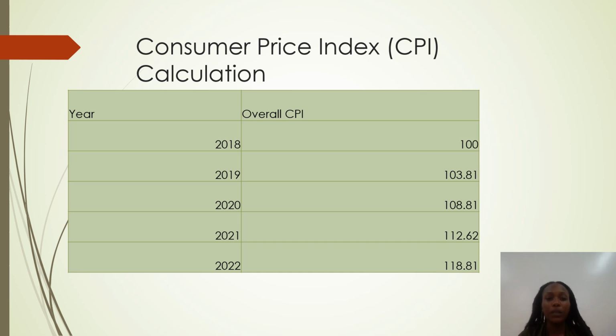So you can ask yourself, how is the CPI calculated? To calculate the CPI, you take the basket of goods in the current year over the basket of goods in the previous year times 100.